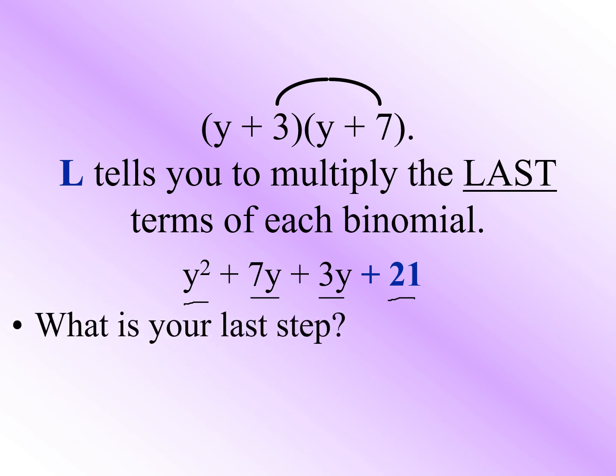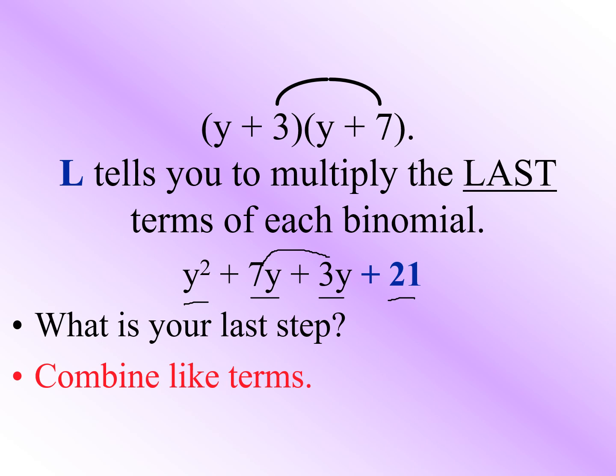Now what do you think is the last step? Notice that we have like terms: 7y and 3y. But we will not multiply them. Remember, if we see like terms, we just have to combine them, so we have to add them. So we have 7y plus 3y. Again, why are they like terms?